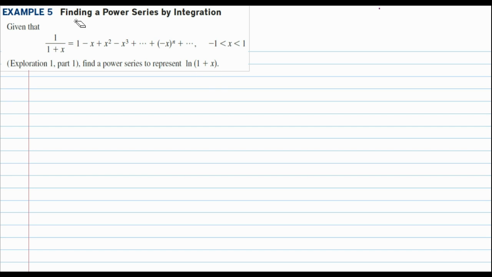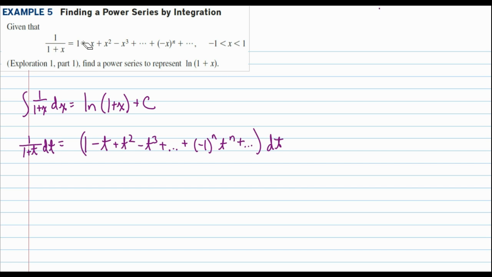I don't have anything here with natural log in my given statement, although I do know that the antiderivative of 1 over 1 plus x dx equals the natural log of 1 plus x, plus a constant. So because the antiderivative of this function equals the natural log of 1 plus x, I can find the antiderivative of both sides of this equivalent statement to get the power series for the natural log of 1 plus x.